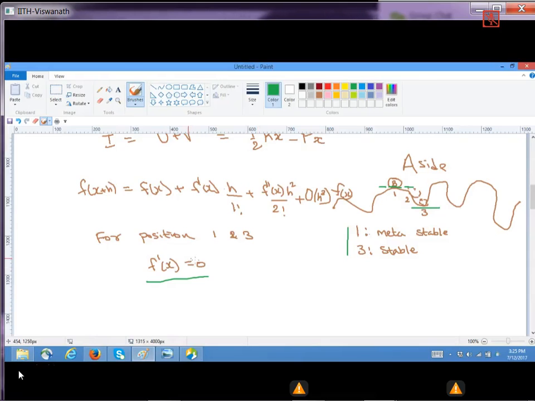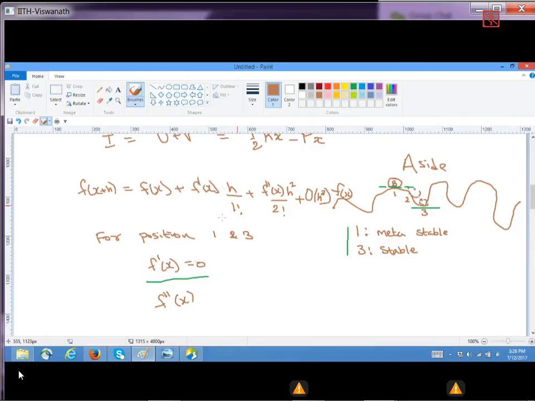So f double dash x. Now we have seen that, let's say we are at this position. If I want to measure at a small neighborhood h, either this side or that side from this position, its value is less than the value at position 1. Anyway, the second term goes to 0 because f dash x is equal to 0, and h square is always positive.